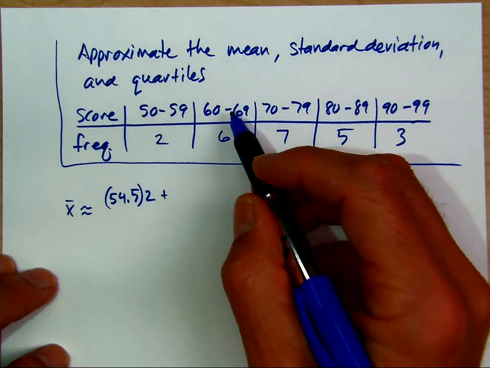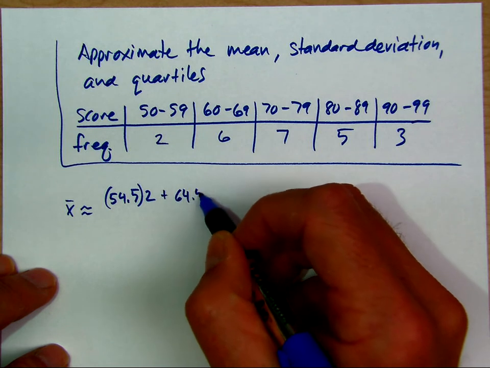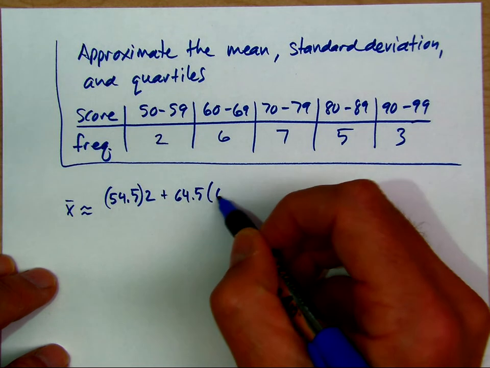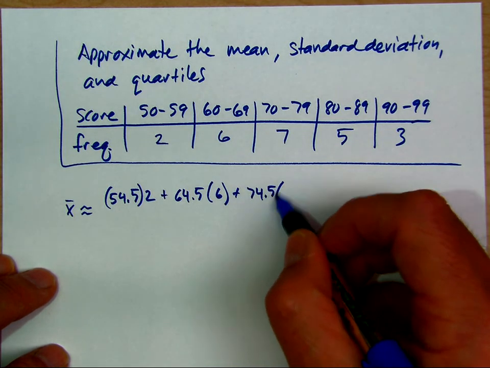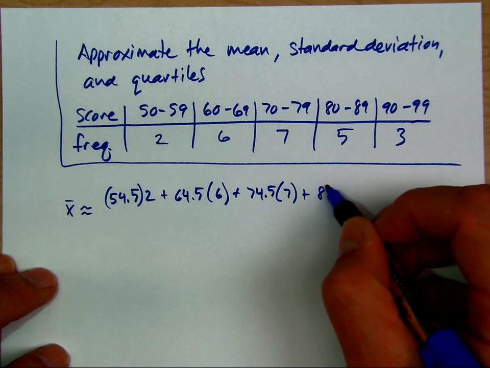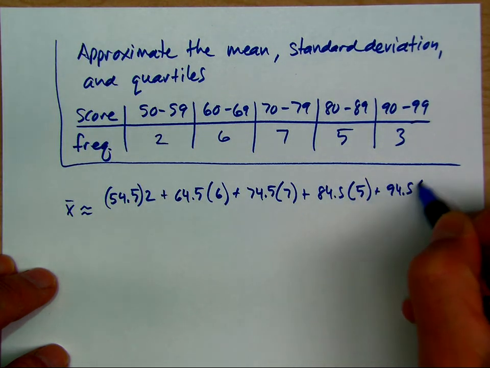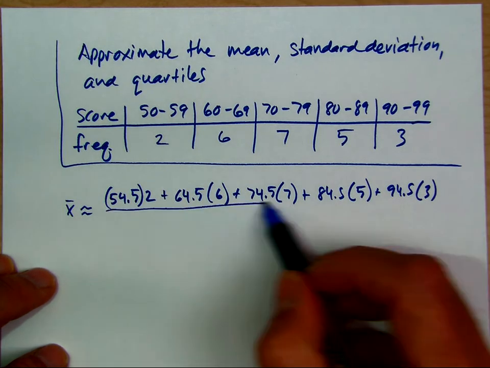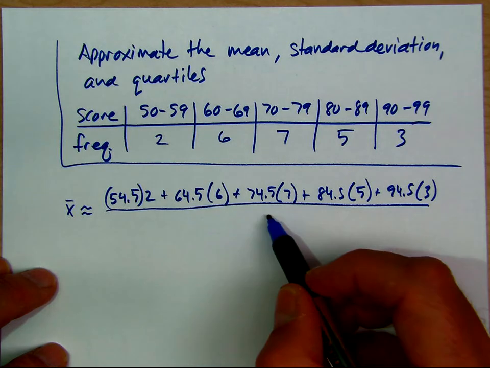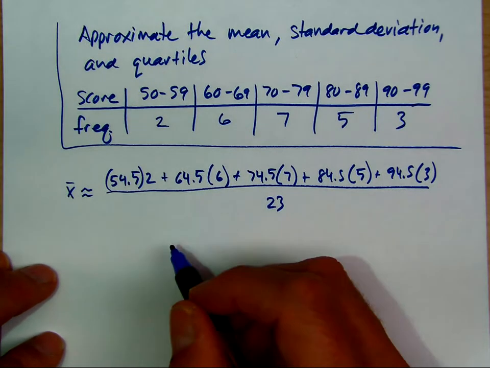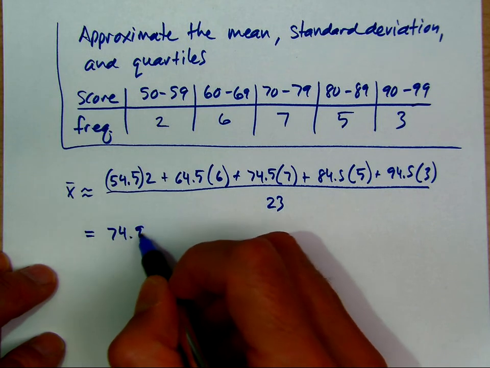And then we have, this will be a 64.5, and we have 6 of those, 74.5, and we have 7, 84.5, we have 5, 94.5, there are 3, and then divide by the number of numbers. If we add the frequencies, we get 23, and this is 74.935.